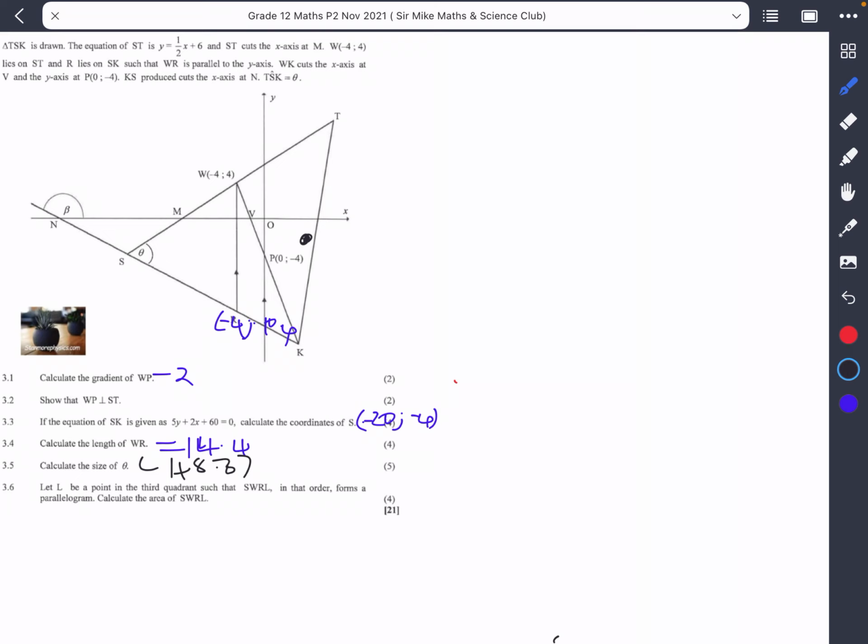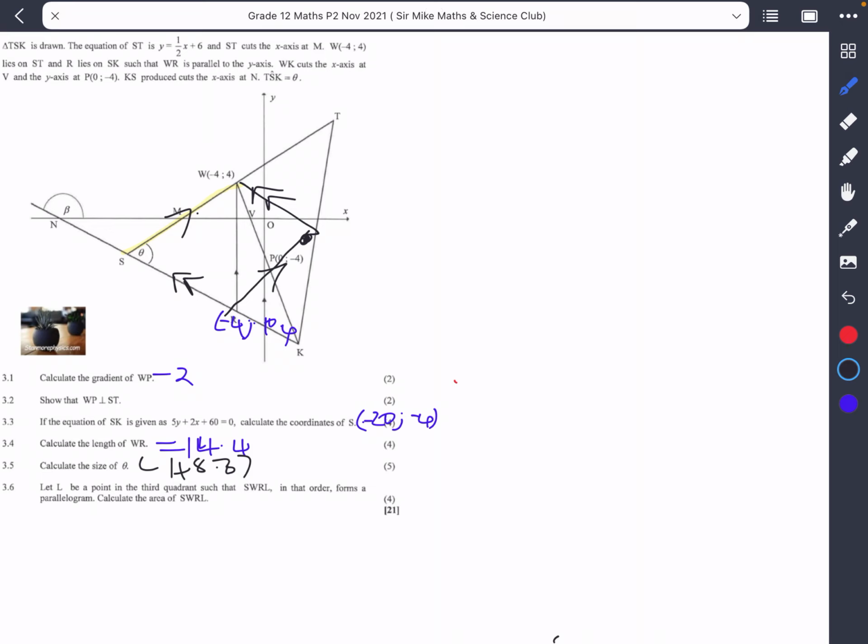So in this case, we have S. Let me take the pen rather. So we have SWL, right? In this case, R. So they're saying that's actually a parallelogram. So I know that that is parallel to that, and that would also be parallel to that line there.